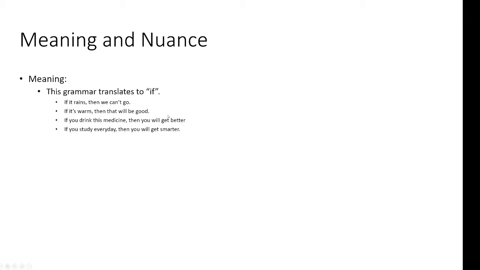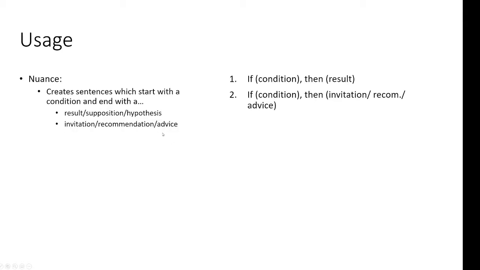The result is you will get better. Here's another one. If you study every day, then you will get smarter. So these are a lot of examples of conditions leading to certain results, and ba is what we would use in these situations. There are other types of grammar in Japanese which can also do this same job, but we're not going to go over those today.